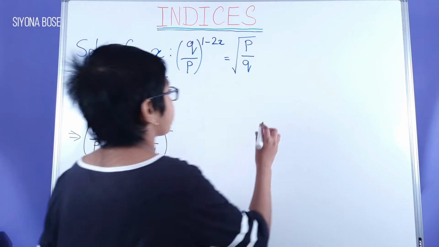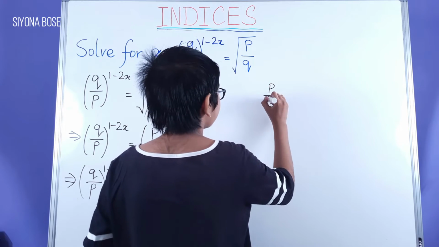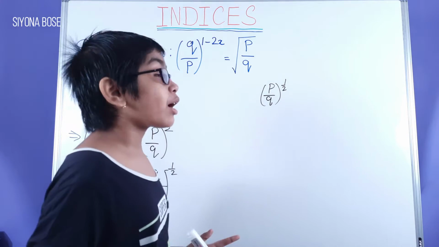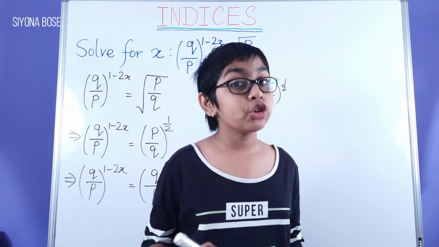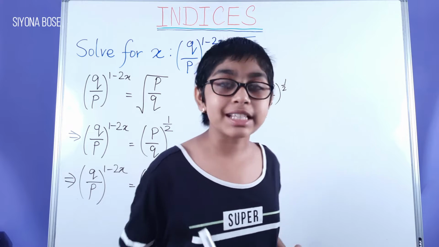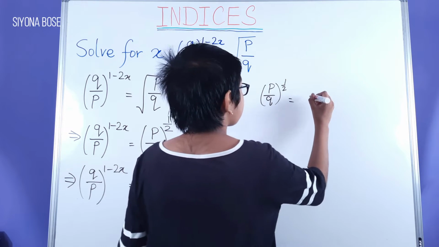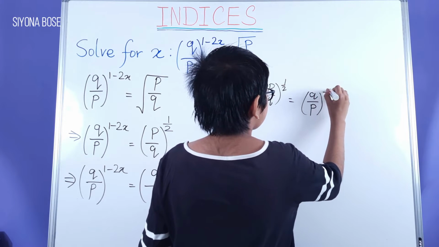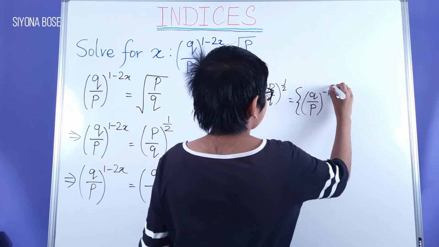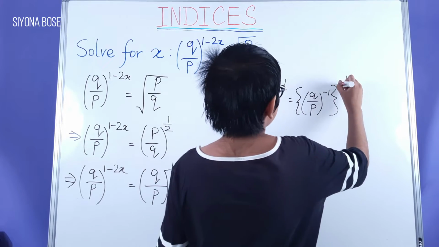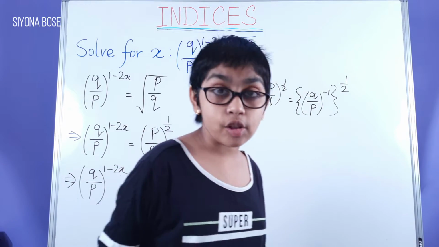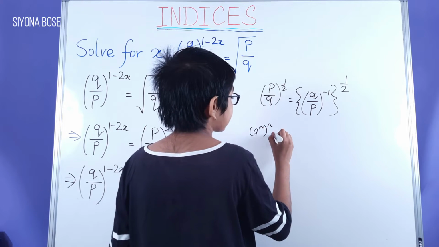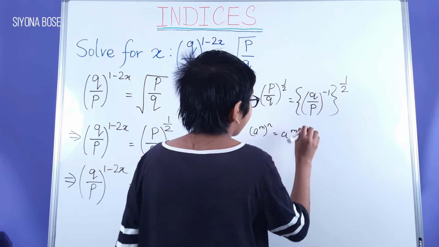This one is actually (p/q)^(1/2). Now p/q can be written as (q/p)^(-1), to the power of half. And we know that if it's (a^m)^n, it's equal to a^(mn).